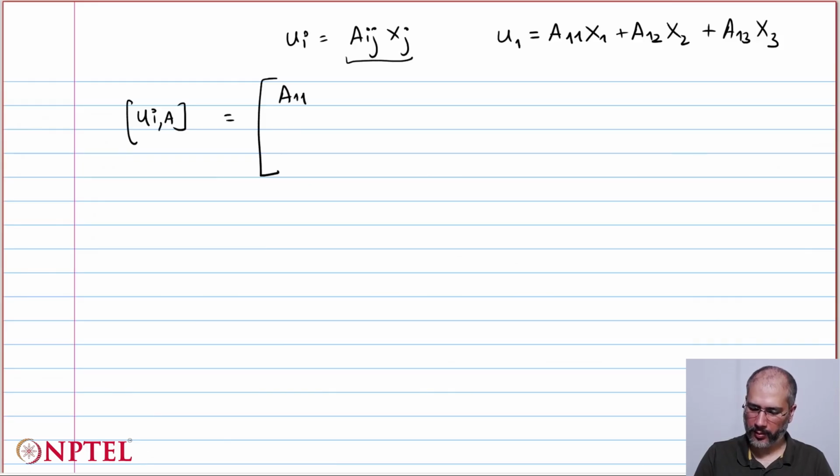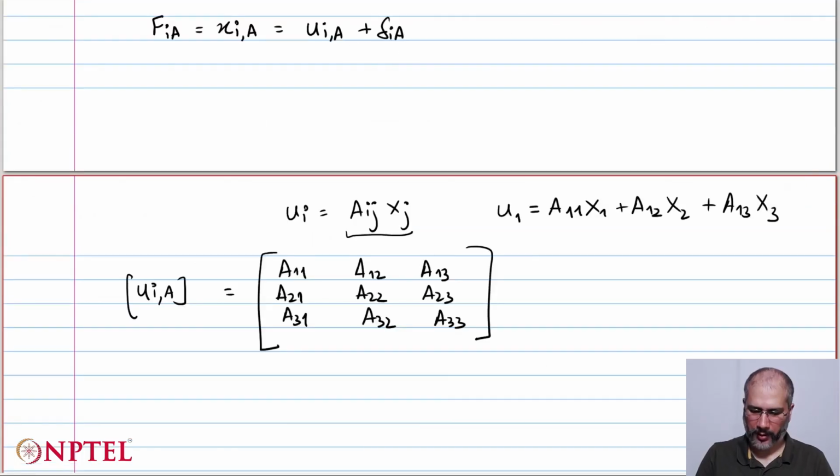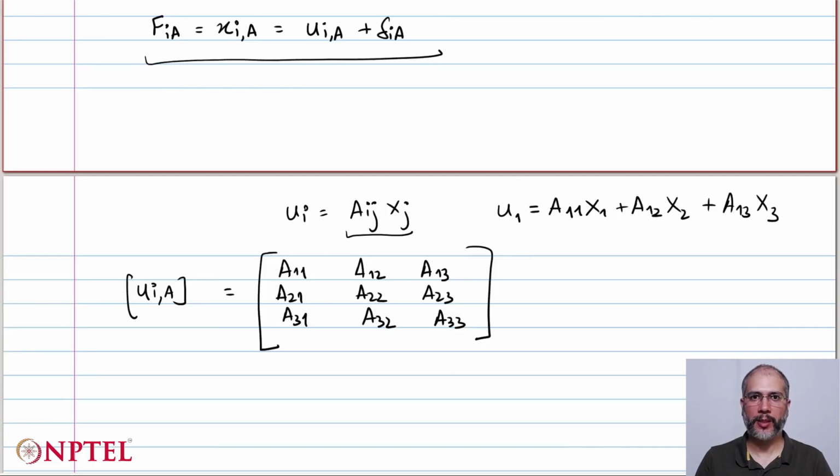Similarly, del u1 by del capital X2 is a12. So we can see that this displacement gradient tensor is simply the matrix A. And since F is u plus delta, we simply add 1 to the diagonal components of u_i,A, and we get the deformation gradient tensor.